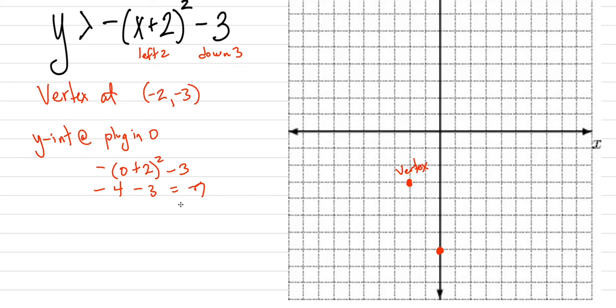Hadley, how do I find the mirror image point? Which one of those two points that I have drawn is on the mirror image line? Vertex? It is. The vertex is like our mirror image location. So if we know we have a point here, where else would there be one?